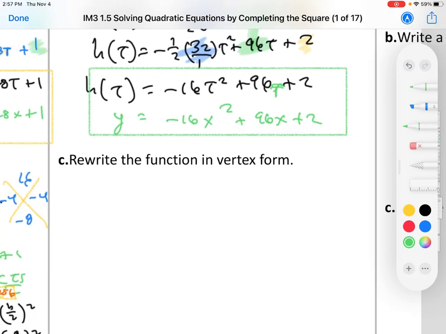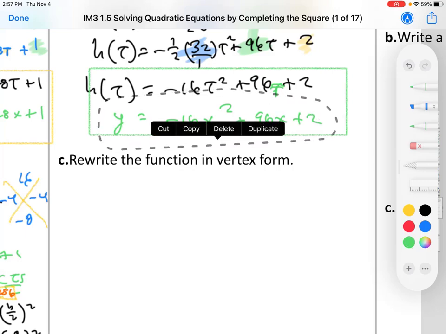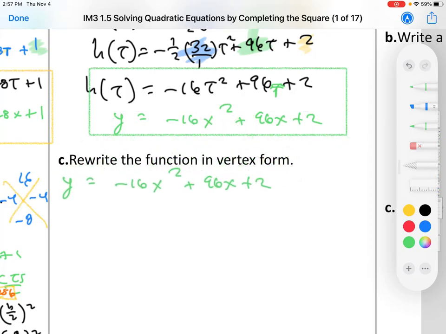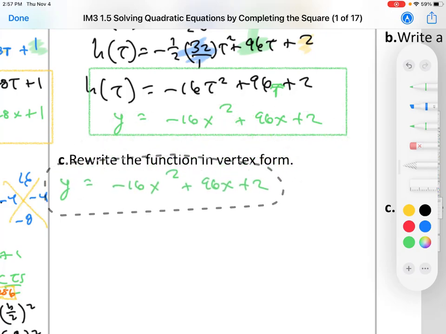Alright, let's go ahead and write this in vertex form. Okay, what are we going to do first? Let us factor out negative 16.